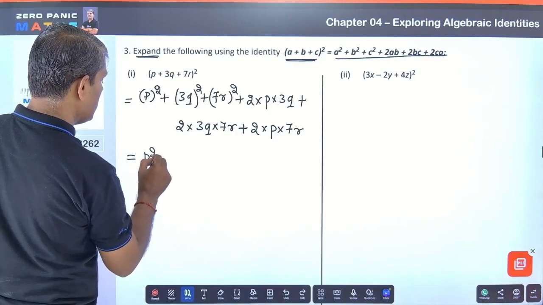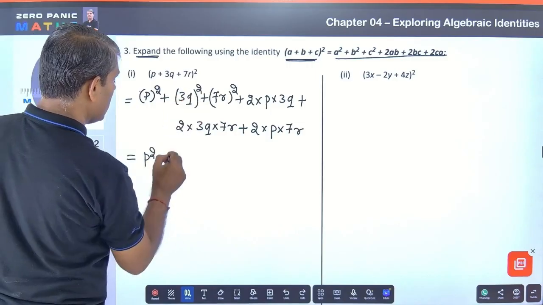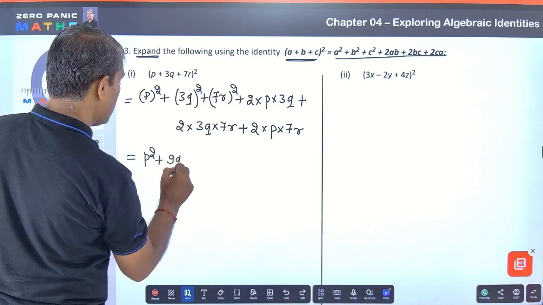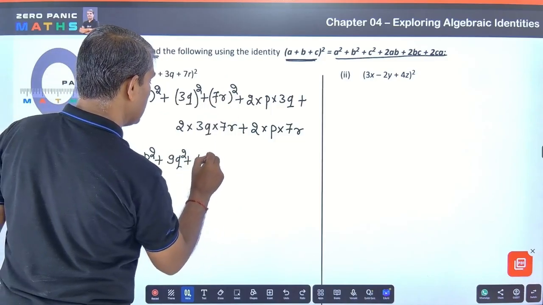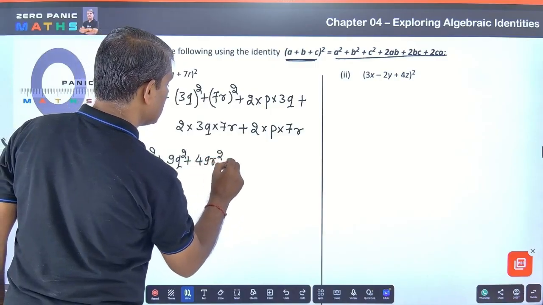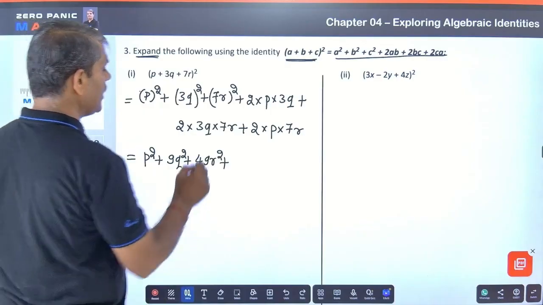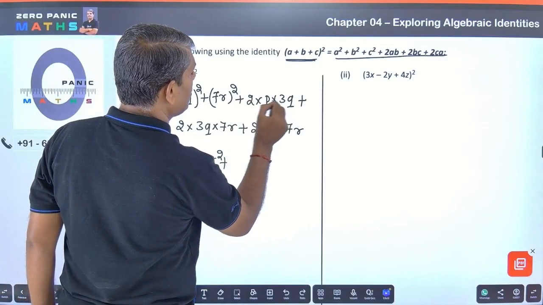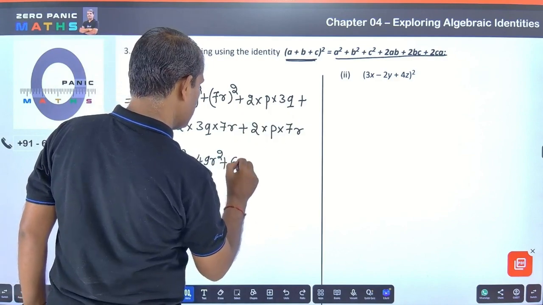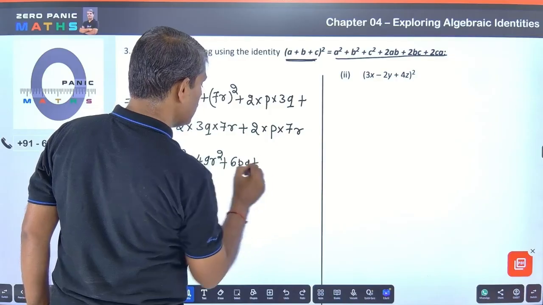So that will be p square, and 3 square is 9q square, 7 square is 49 and we have r with it, it is 49r square. 2 3s are 6, so 6pq is the value of 2ab.